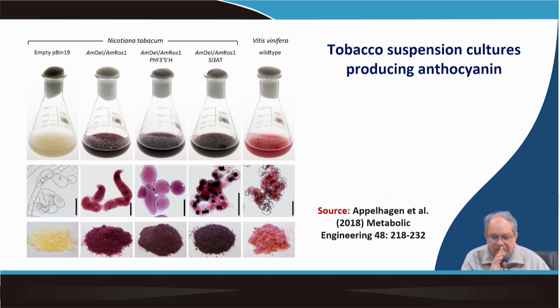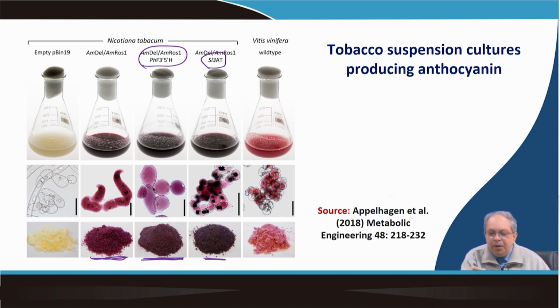What we see here is AM Del and AM Ros with other genes, F3'5'H. When F3'5'H is not there, the anthocyanin is still produced in huge amounts, but when F3'5'H from PH, Petunia hybrida, is there, the intensity of coloration is much more, and even more probably when they used acyl transferase.